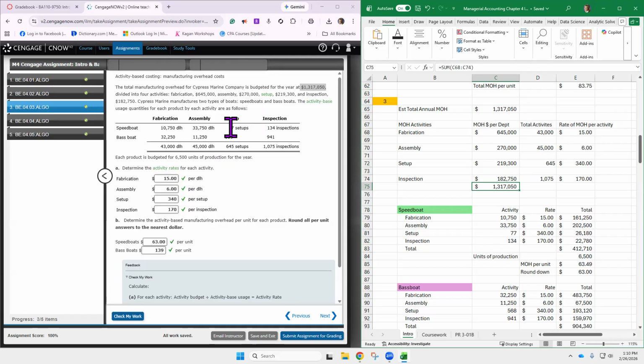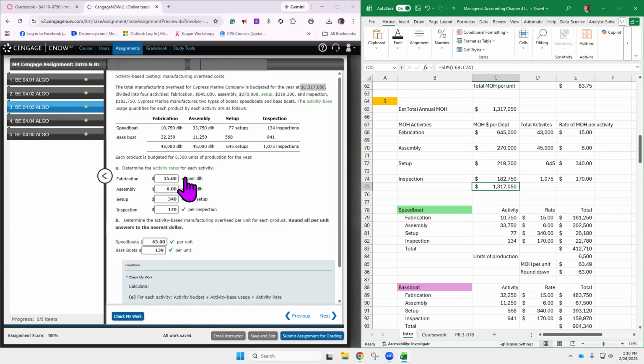Then setups, which do not rely on direct labor hours, they rely on the setup itself. And then that shows you setups for the speedboat and the bass boat. And finally, inspections, 134 versus 941.